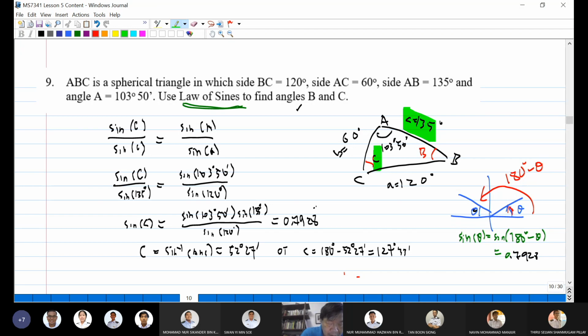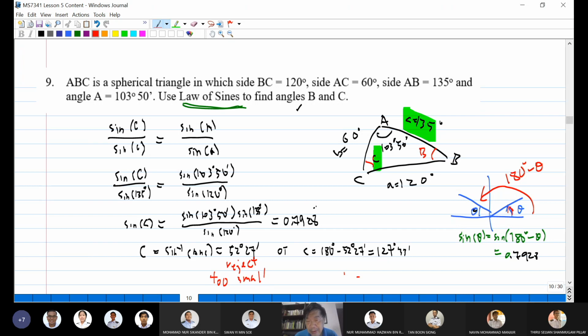Reject. Too small. We know C is the longer side, so the angle must be larger. If you compare that, this is too small already.